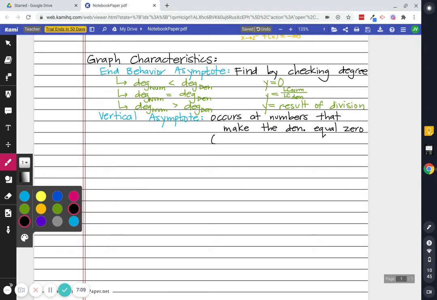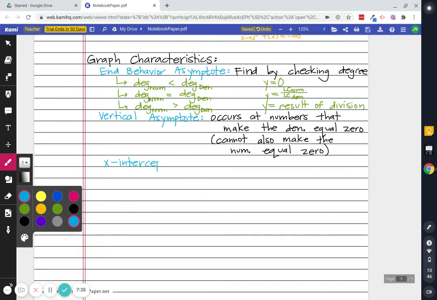These numbers cannot also make the numerator equal 0. That's kind of a rule. So we're looking for where the denominator is 0. It's another important characteristic, our vertical asymptotes.